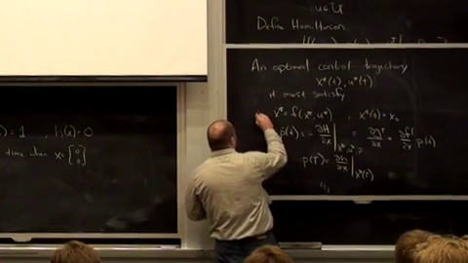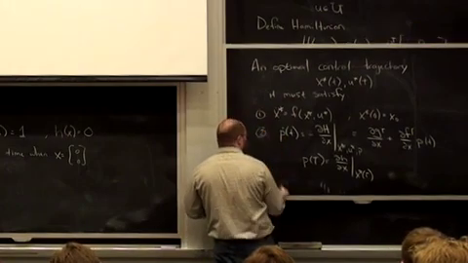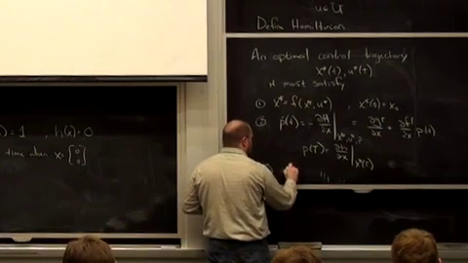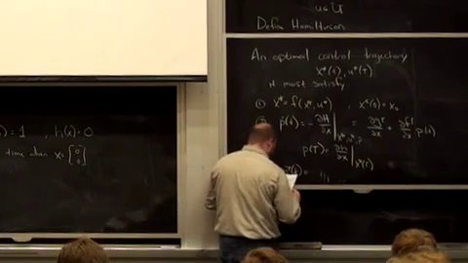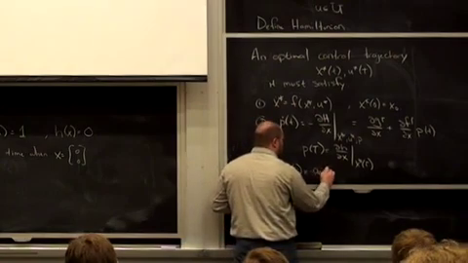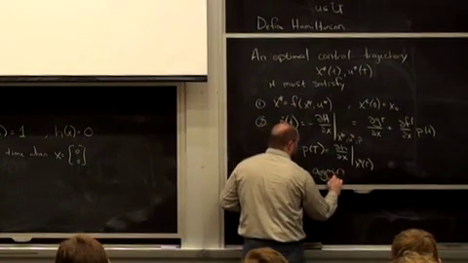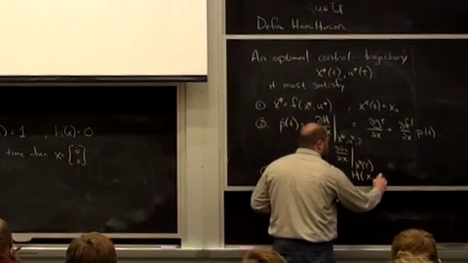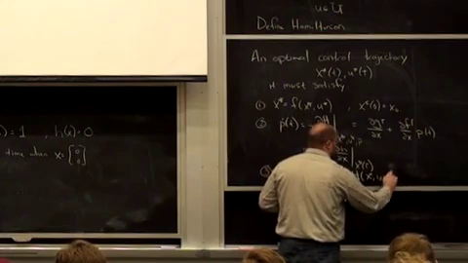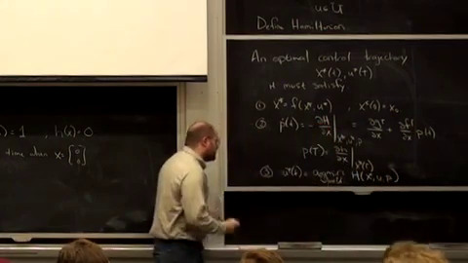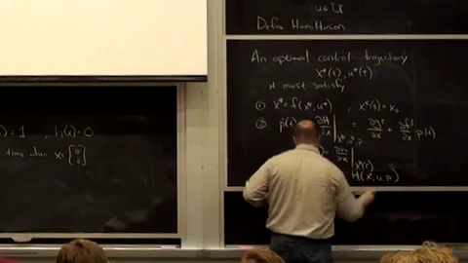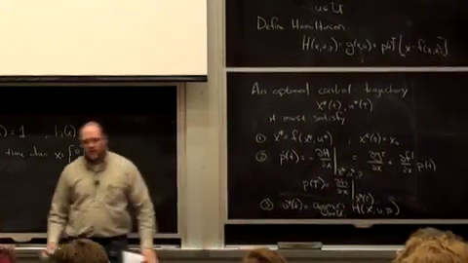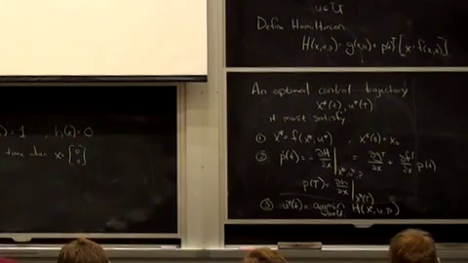This is sort of 1, 2, 3. u star of t had better be the argmin over u of H of x star, u, p. Okay, sorry. Got that out. We're going to make sense of it now.